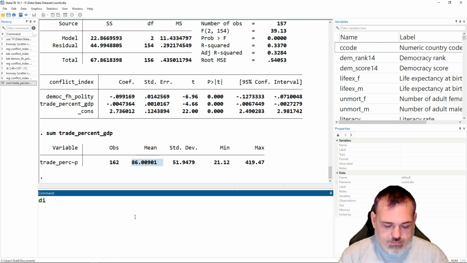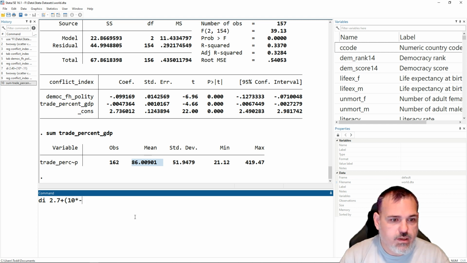So we have 2.7 plus 10 for the polity score, negative, we'll say 0.1. We'll do 86 times negative 0.005.